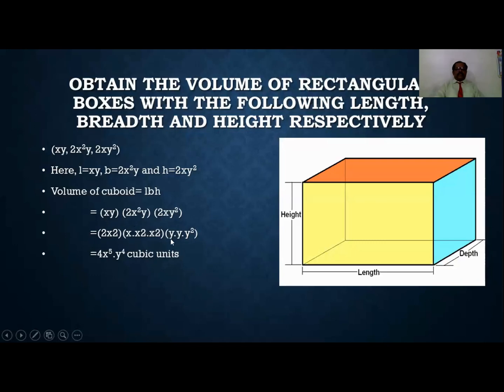In the second bracket we have x, then x square and then x. So there are three terms of x, so taking them together will give us x into x square into x. And then in the third bracket we have y into y square. So what does this give us?